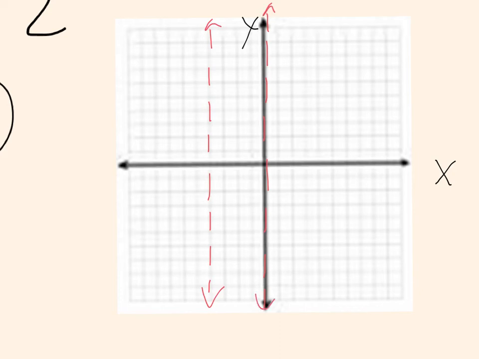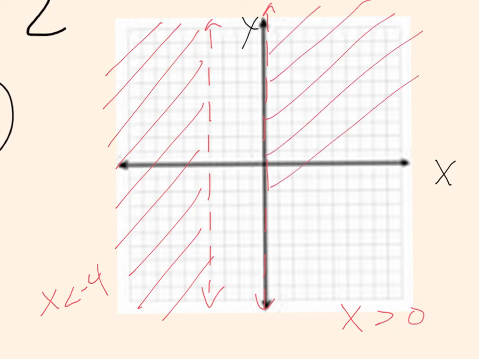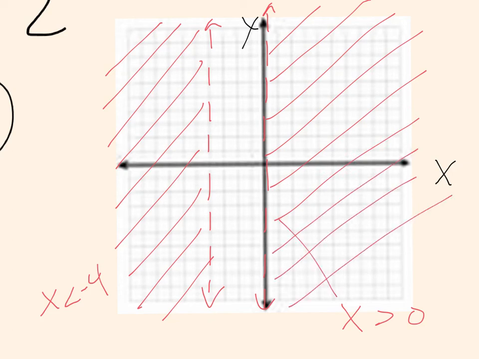I wanted all the points out here, because this region is formed by the inequality x less than -4. I want all the coordinate points that have an x value less than -4. Just like over here, I want all the points that have an x value greater than 0. So I will shade all of the points out there. So there's one that has an absolute value.